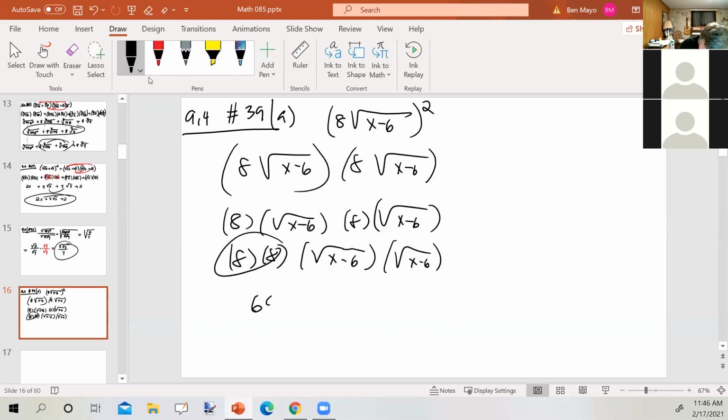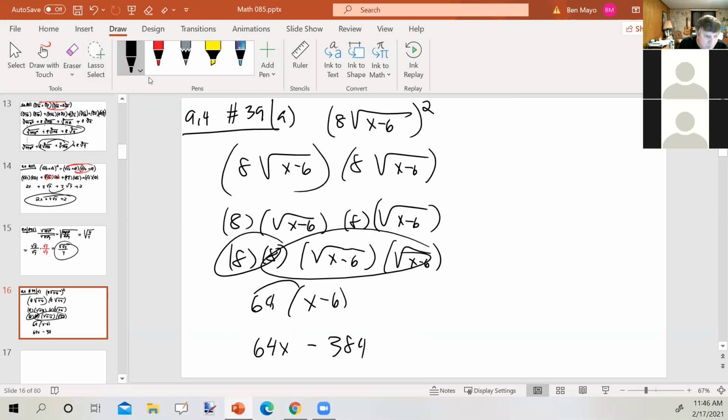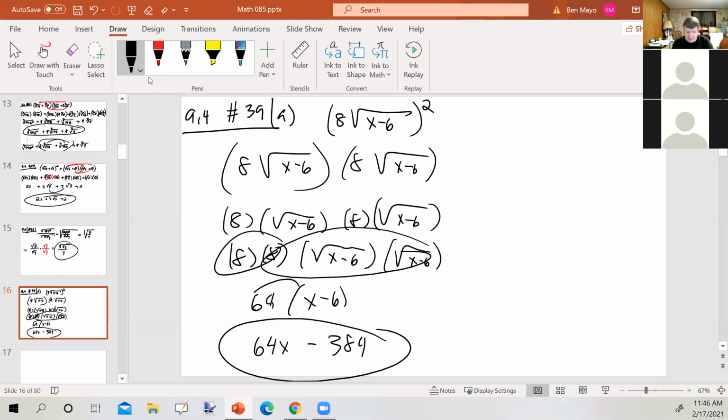Well, this would be 64, and this would be x minus 6. So distributing, I get 64x minus 384. So there's the answer to part A, 64x minus 384.